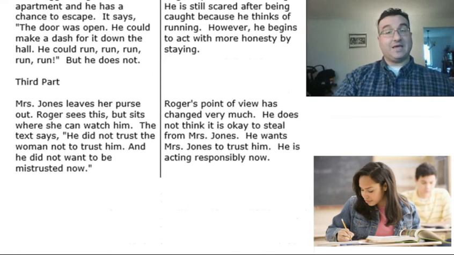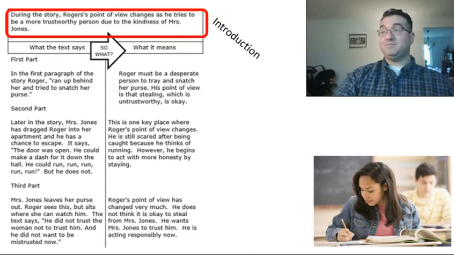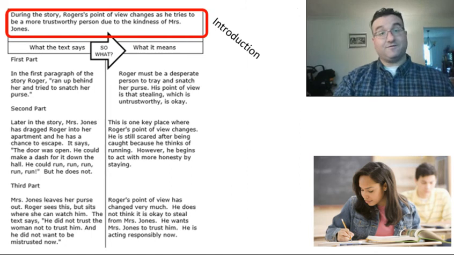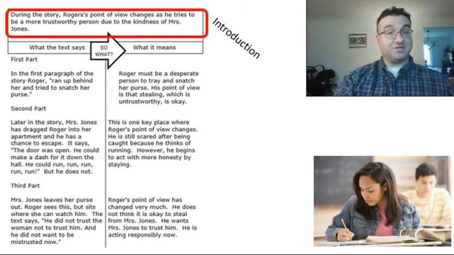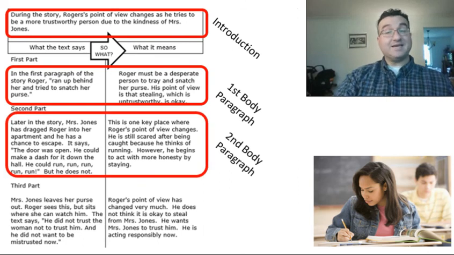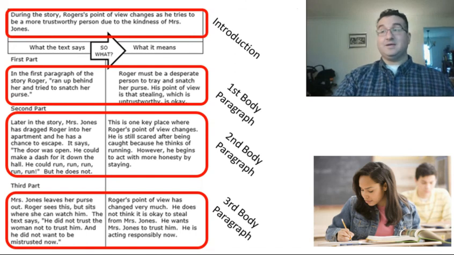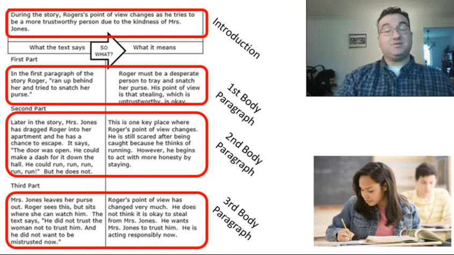And then we have our analysis and our inferences on the right. We can see it as one big page. And from this big page, we can make our introduction paragraph, our first body paragraph, our second body paragraph, and our third body paragraph. Each part of the T-chart can be turned into a paragraph without changing too much.